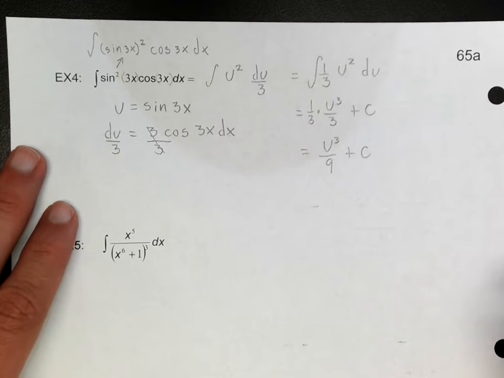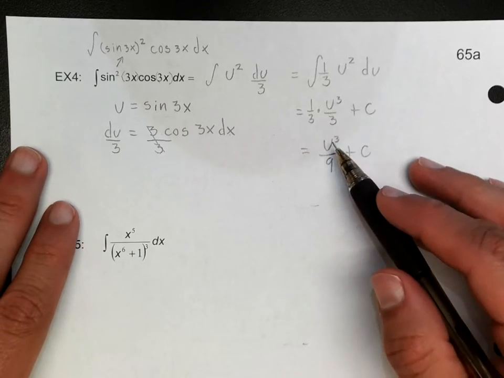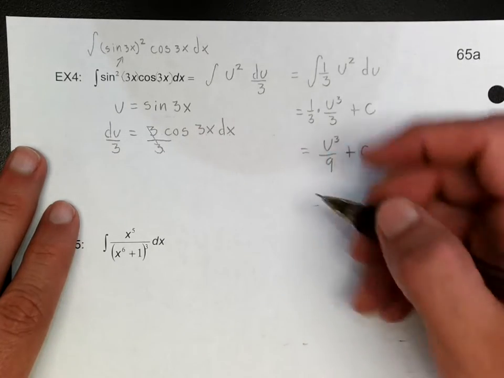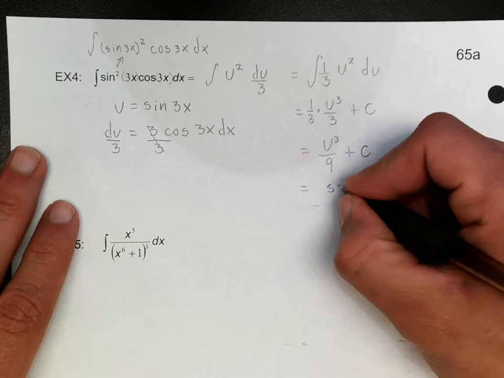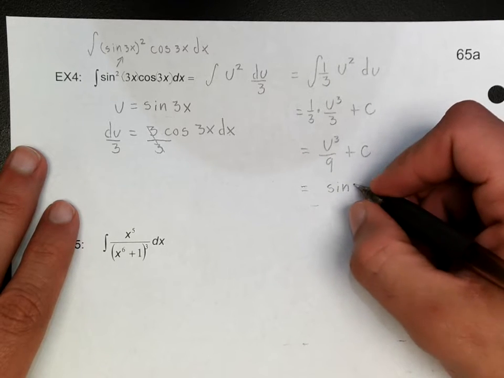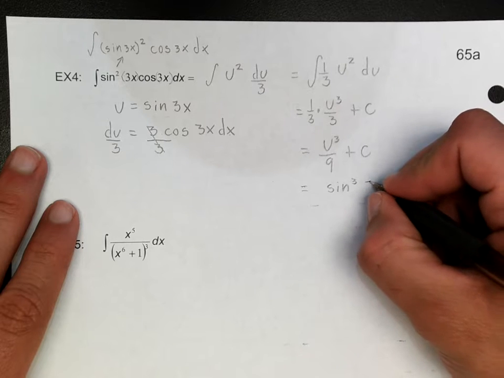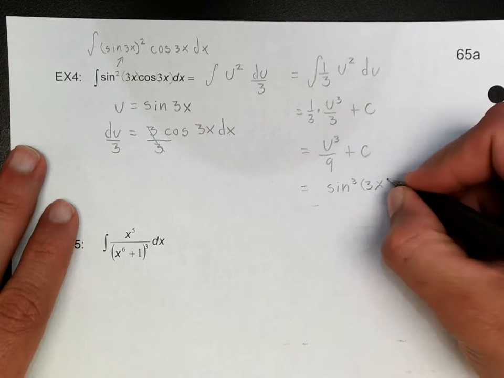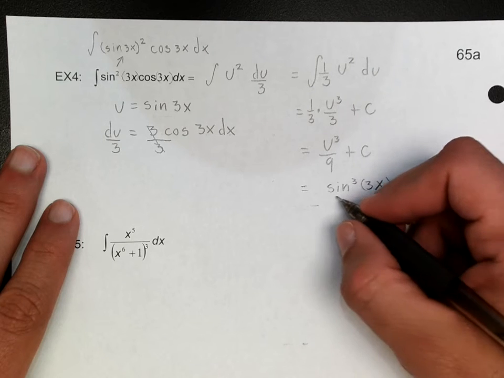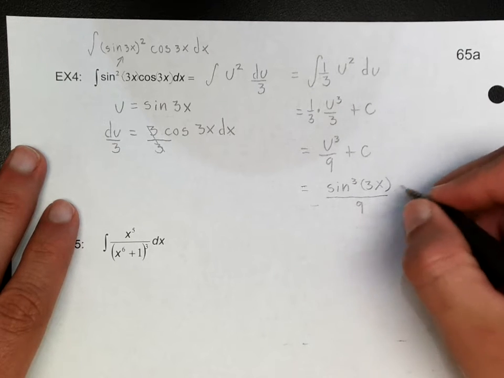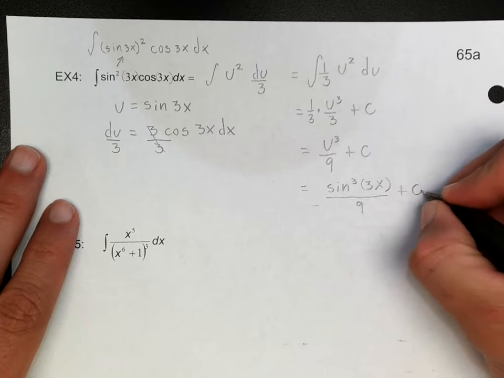Which finally will become, I'm going to substitute the sine of 3x back. So I have sine cubed of 3x over 9 plus c.